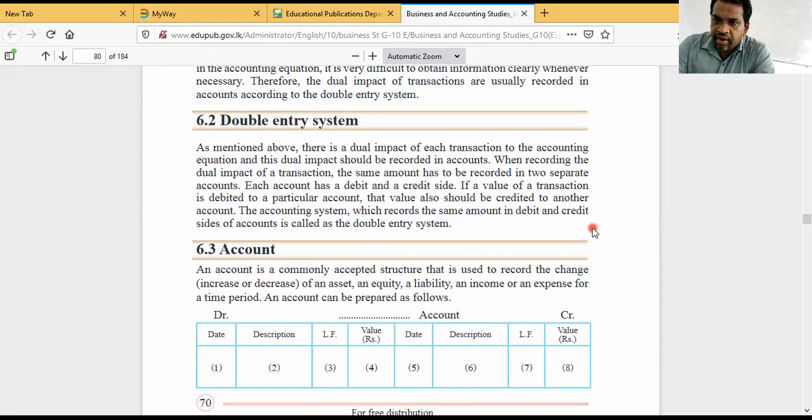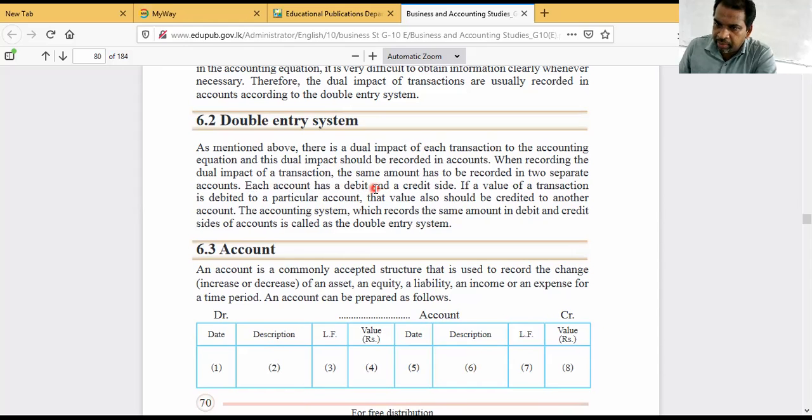Now we are going to understand the double entry system. What does it mean? As mentioned above, there is a dual impact of each transaction to the accounting equation, and this dual impact should be recorded in accounts. When recording the dual impact of a transaction, the same amount has to be recorded in two separate accounts.